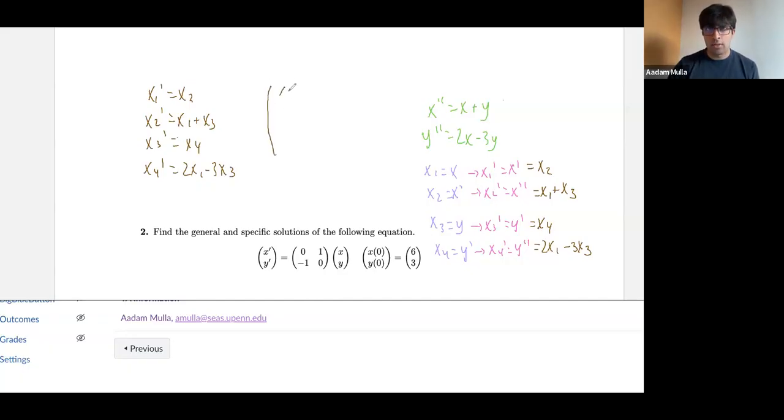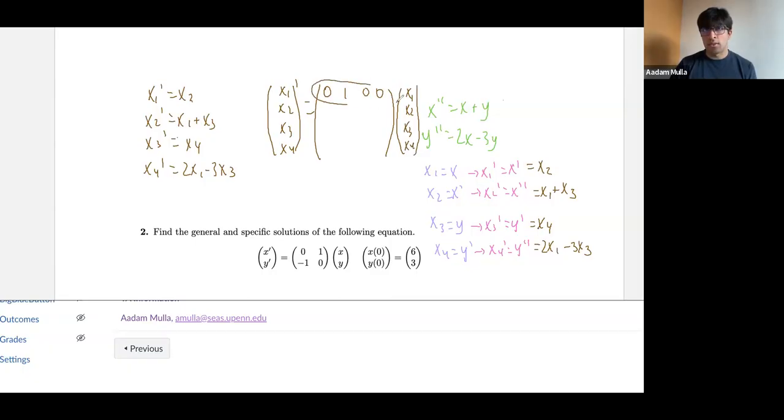So it's going to be x1, x2, x3, x4 prime equals our matrix. We want x1 prime to just equal x2, so it's going to be 0, 1, 0, 0. The way I'm getting that is I'm thinking that on the right I have my x1, x2, x3, x4, because we're writing it as x prime equals Ax.